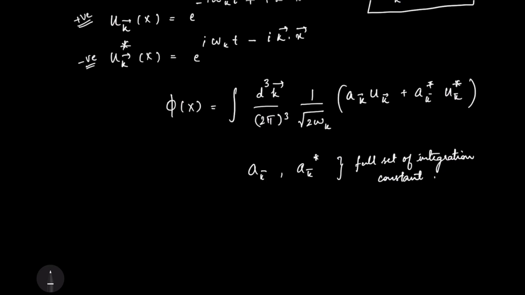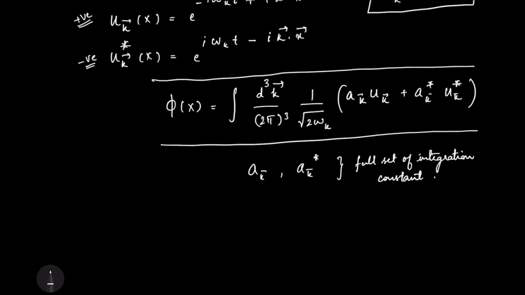If you want to promote this solution to quantum mechanics, then we have to promote the constants to operators, right? The constant ak to the operator ak, and the constant ak star to the operator ak dagger.